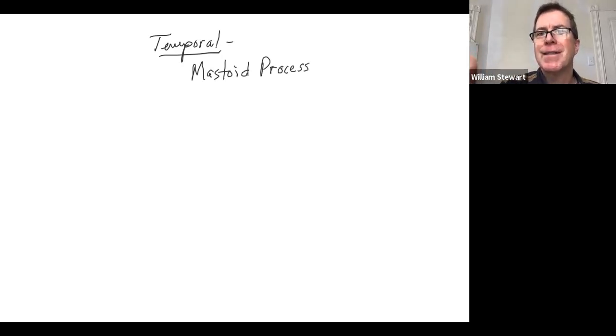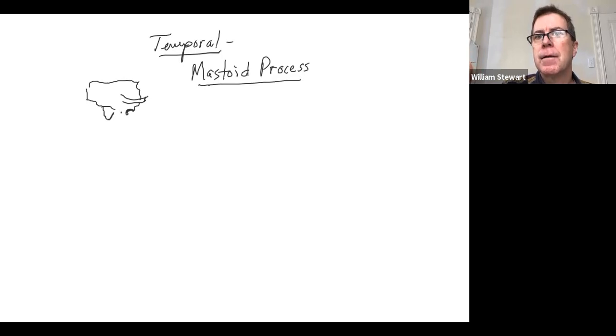Process is something that sticks out from a bone, unlike a fossa. So also on that temporal bone, if I just draw a quick temporal bone here, which is just that plate that sits on the side of the head, here's that zygomatic arch that sticks out. There's that mandibular fossa for the mandible to articulate. There's also a process that hangs down that looks like this, right here. I'll color it in red.